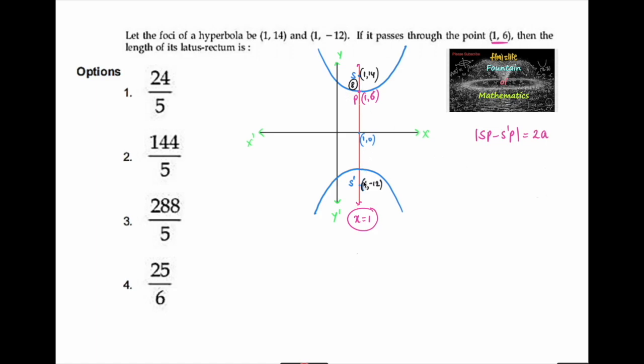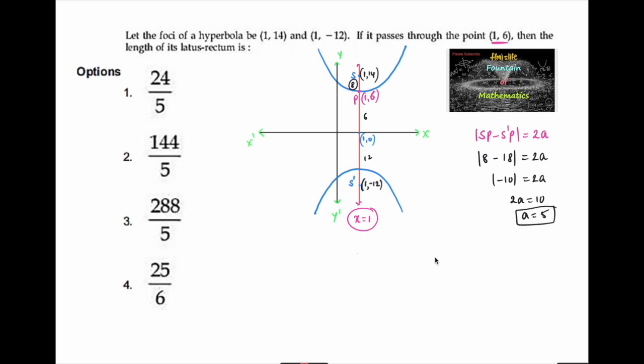And S dash P, we can write here 12 units and here 6 units. So 12 plus 6 is 18. So we can write SP, 8 minus 18, is equal to 2 times A, that is mod of minus 10, which is equal to 2A, or 2A is equal to 10. So A is equal to 5.